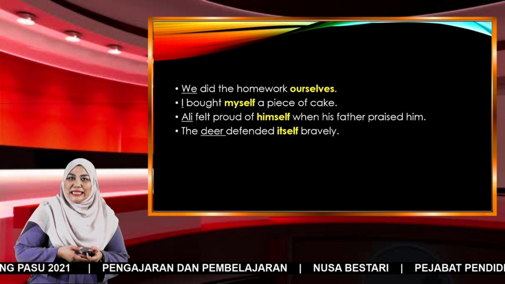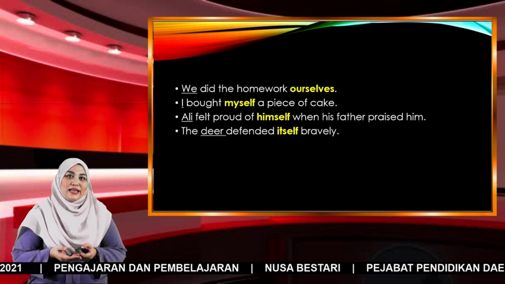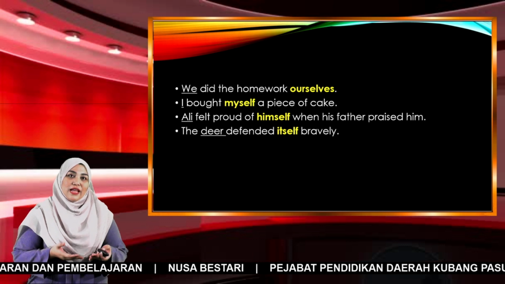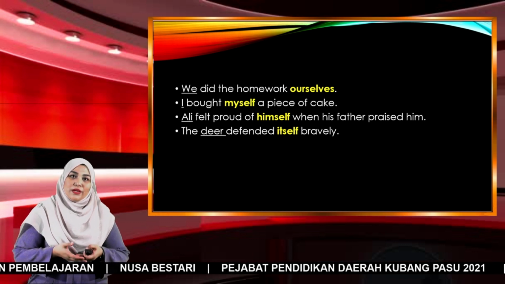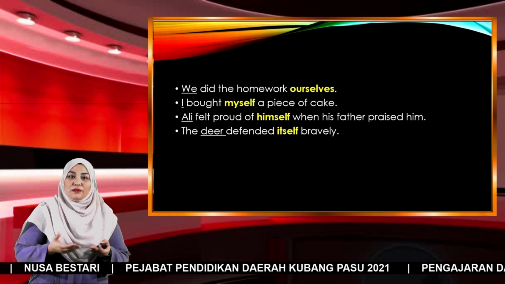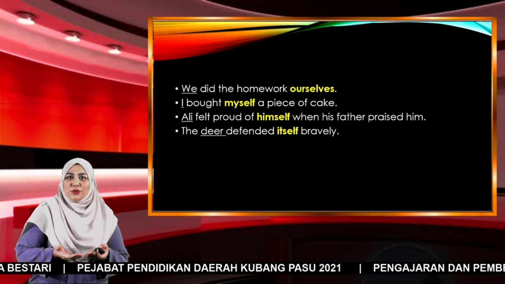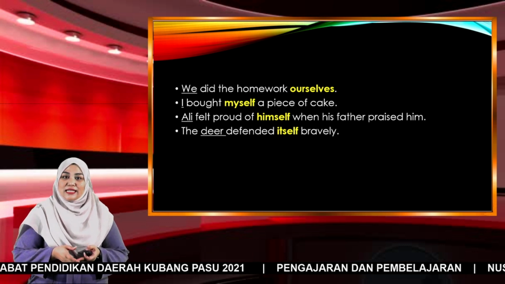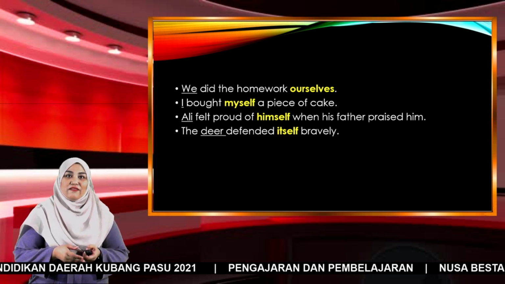Why do we use itself? Because a deer is an animal. But if you know the gender of the animal, like your cat, you know it's a tomcat, you can use himself. But in this sentence, we don't know the gender, so we use itself.